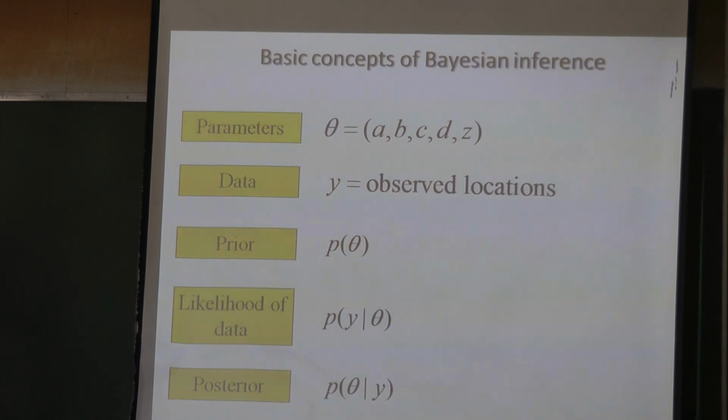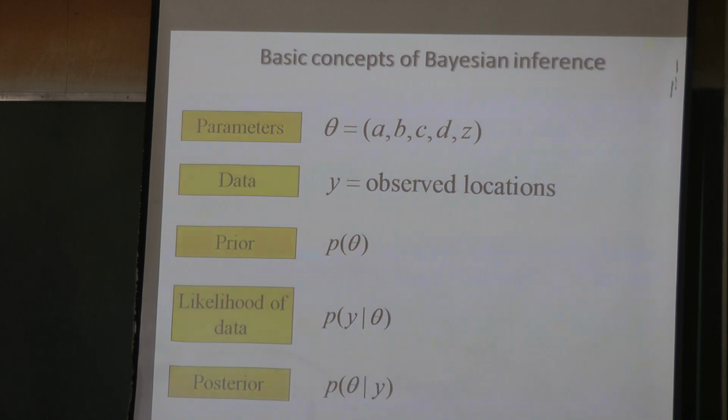This might be probability density in case of continuous parameters, but I'll just use the word probability in a bit sloppy way. I will illustrate this in the context of a concrete example, but if you have any questions at this stage, you should ask.